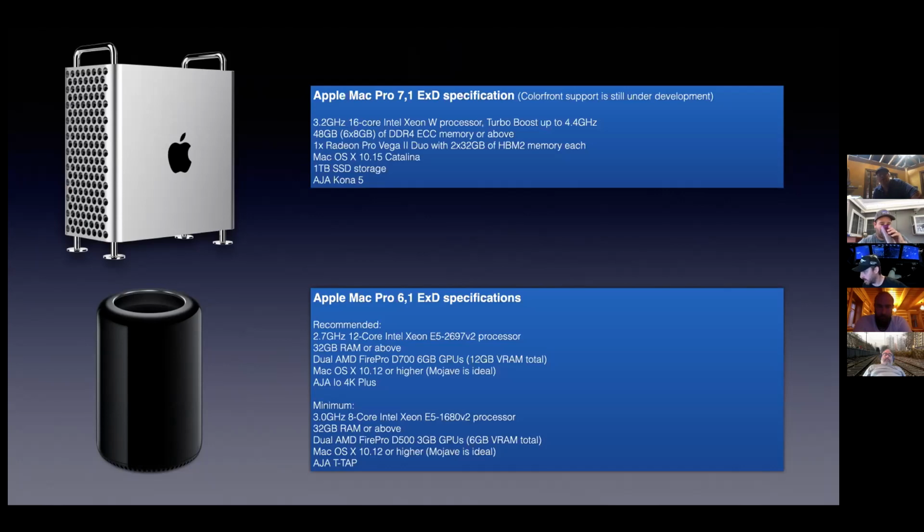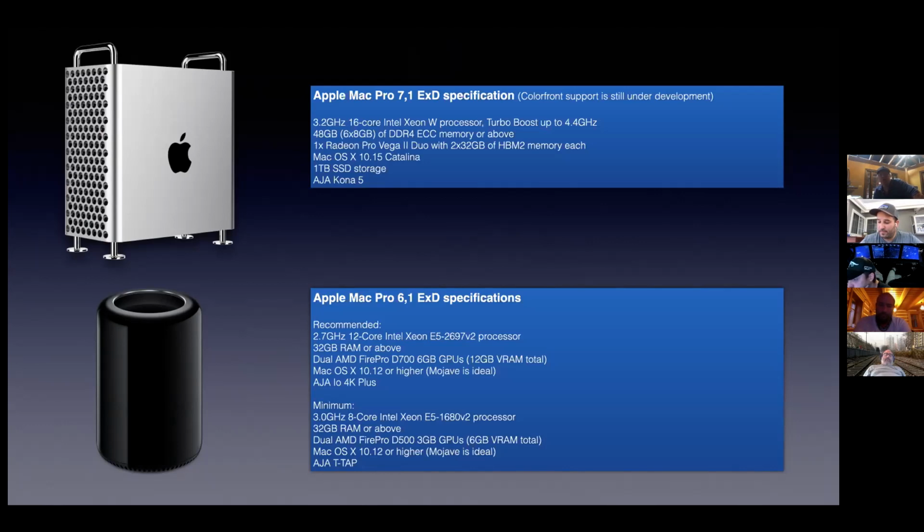And we want you to have one of the Duo Vega cards. So that's the highest level cards. And there's actually 64 gigabytes of VRAM on there. So it's just an incredible amount of VRAM on that card. And you'll probably be running a Kona 5 on a PCI slot for your I/O.